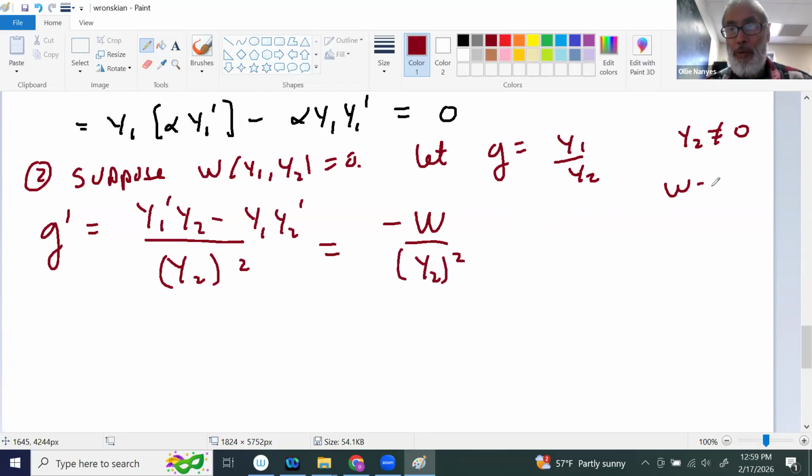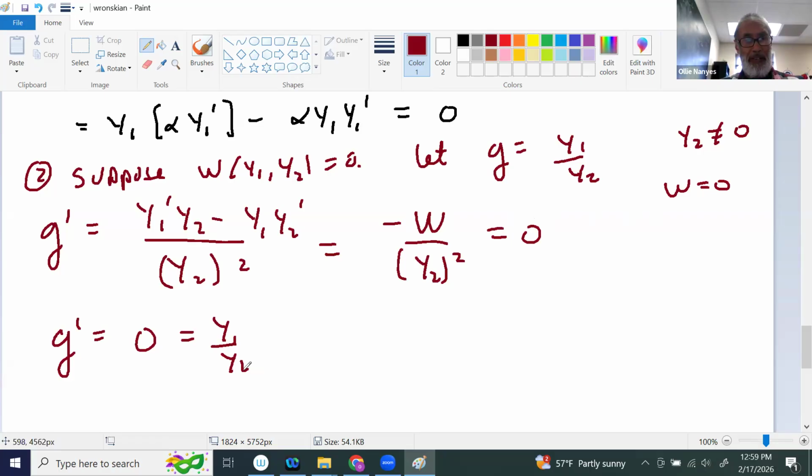But if the Wronskian is 0, that's 0. So g prime is 0, identically 0 on an interval of validity. We learned in calculus that functions that have 0 derivative on an interval are constant.